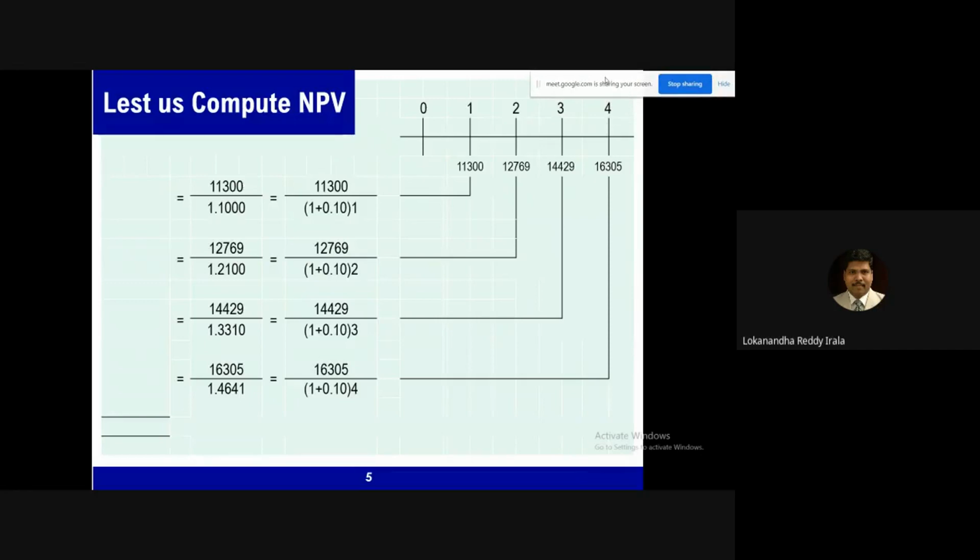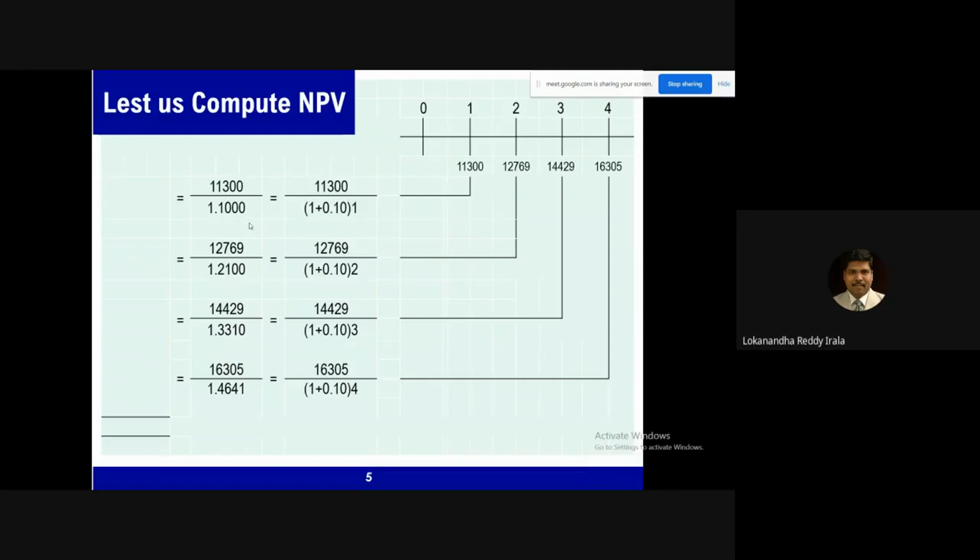For each of these cash flows, you will have to find the present value. That means you have to discount them individually. For the cash flow at the end of year 1, it is 11,300 divided by (1 plus 0.10) to the power of 1, which is 11,300 divided by 1.1000.